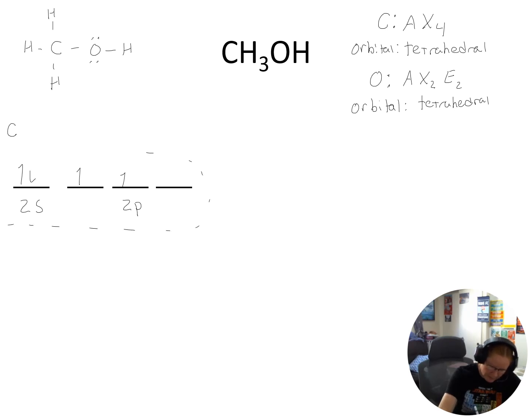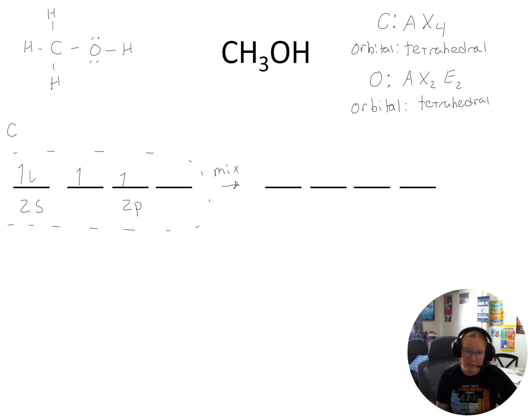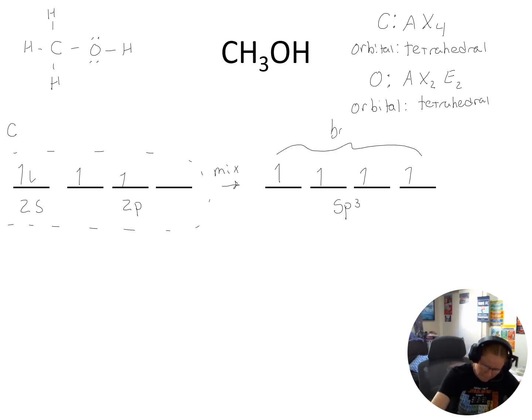We're going to take all of this because we need 4 places to put things. We'll mix, and we'll get what type of hybridization? sp3. All right, and we'll go 1, 2, 3, 4. And all of these will be bonding.